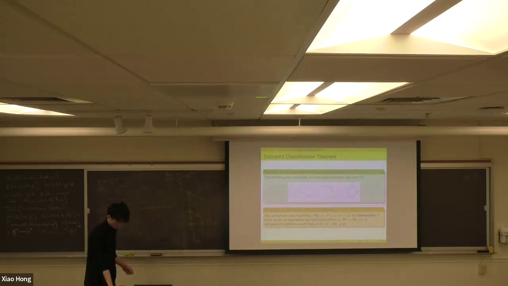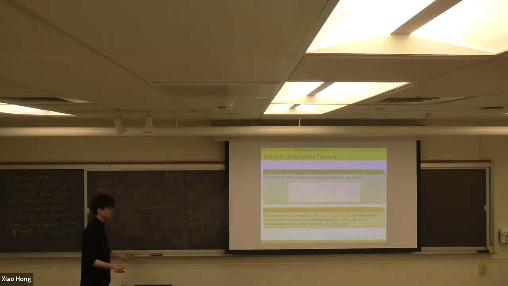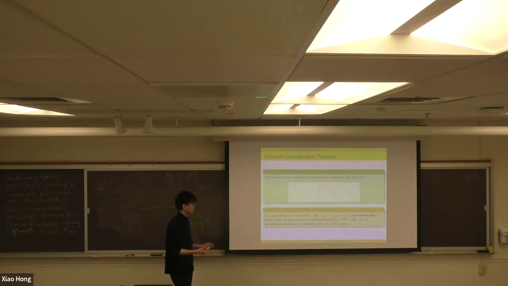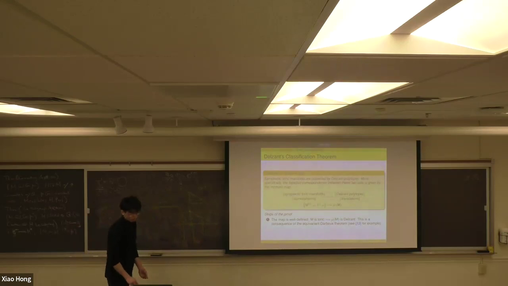And just like what I have said about classification, every time we define a new object, we want to say when two objects are the same. So this is by symplectic toric isomorphisms, which is of course a symplectomorphism that is also equivariant. And then this is the Delzant classification.